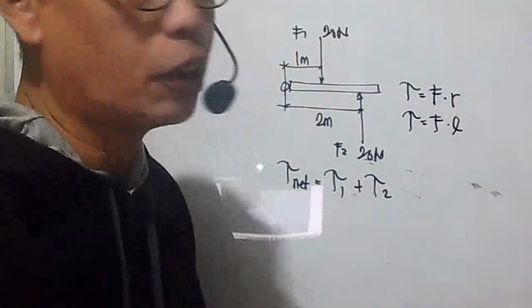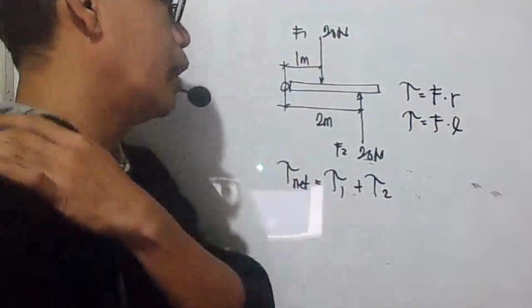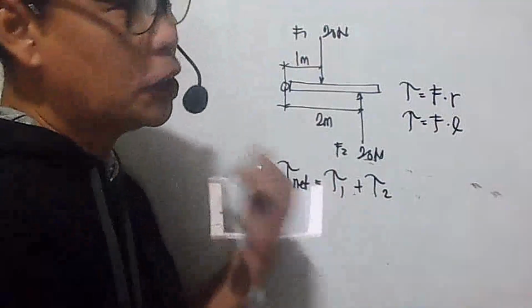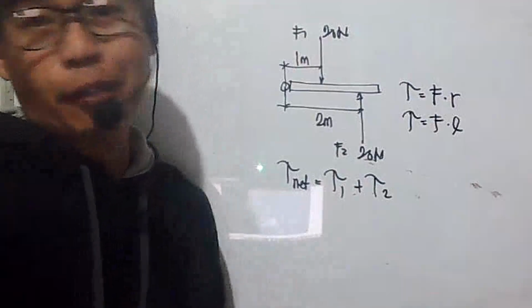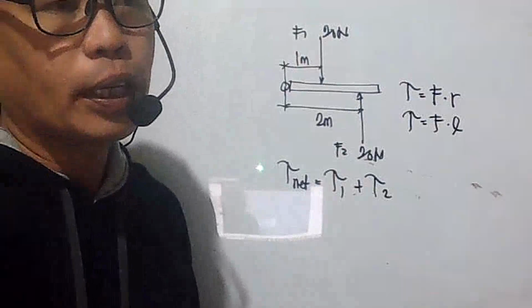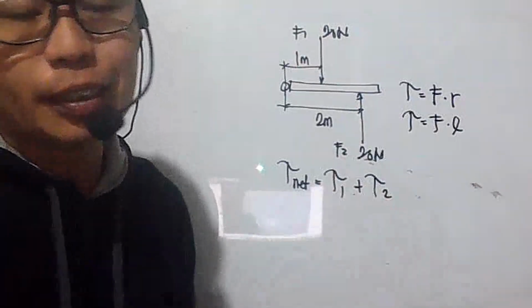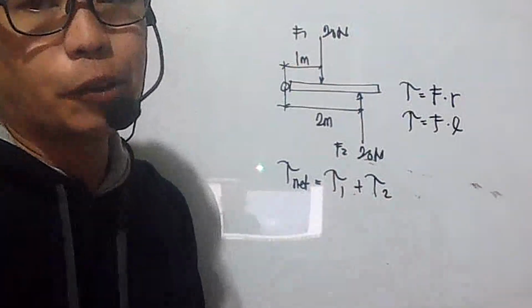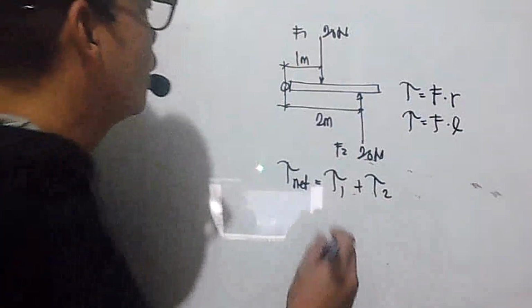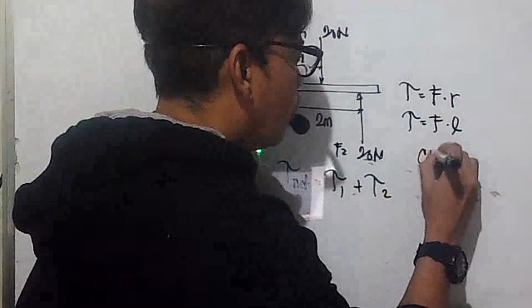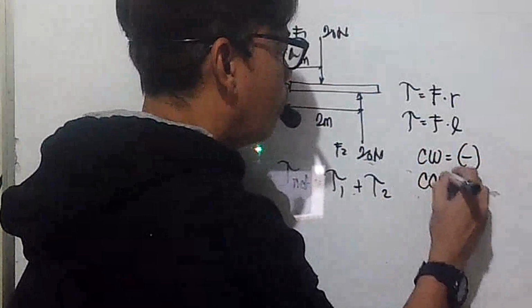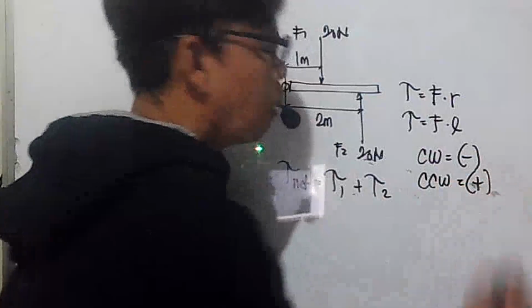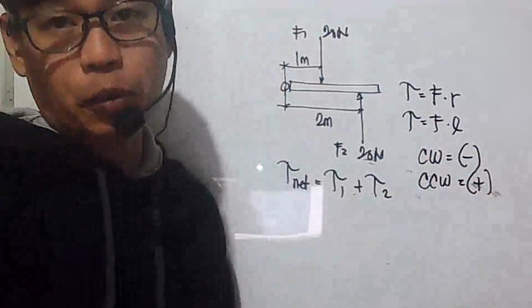Try to remember this: when the force causes a clockwise rotation, it is negative. When it causes a counterclockwise rotation, it is positive. So it's still a vector quantity.